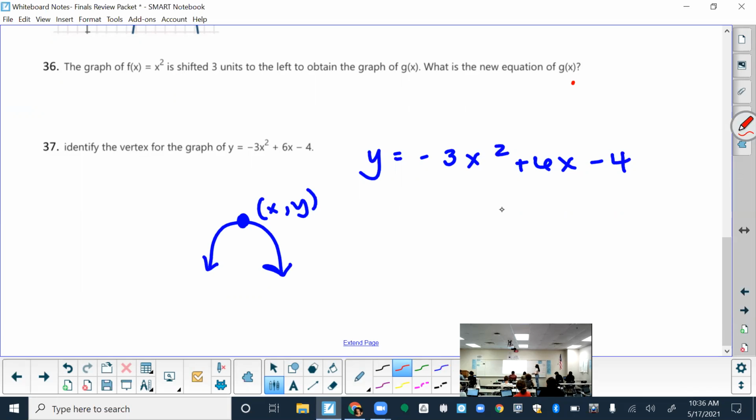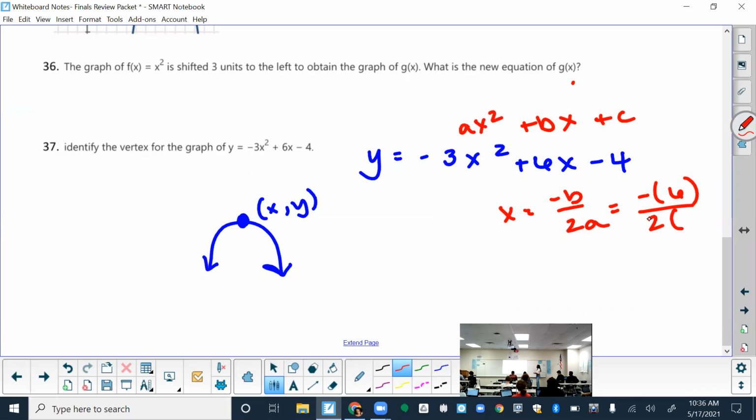So you can do the formula for axis of symmetry, which is this. Negative b, what's my b value? Remember, it goes like this. My b value is 6, so plug that into this formula.